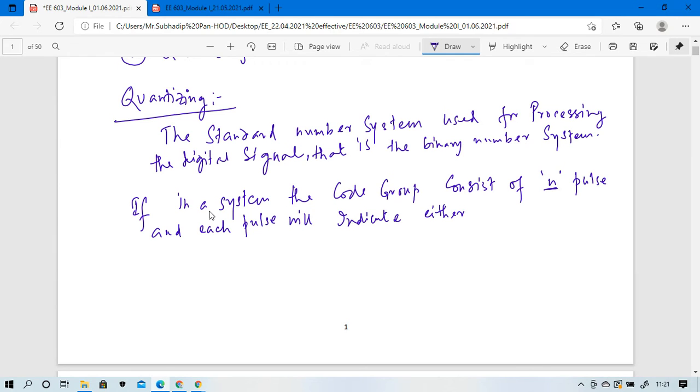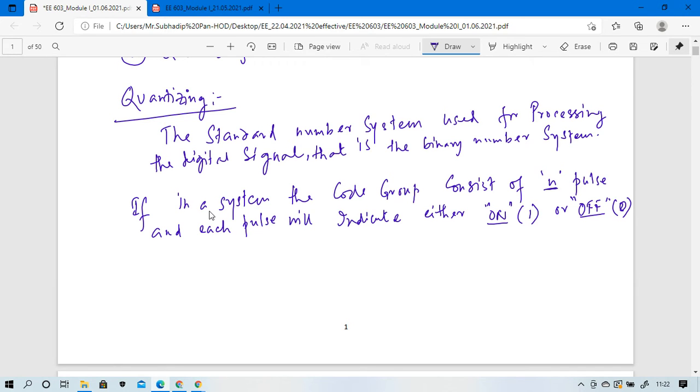Each pulse we get from the input will be indicated either in an on state, which we consider as 1, or in an off state, which we consider as 0.